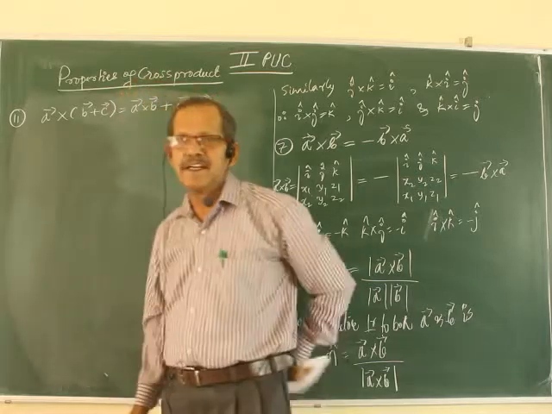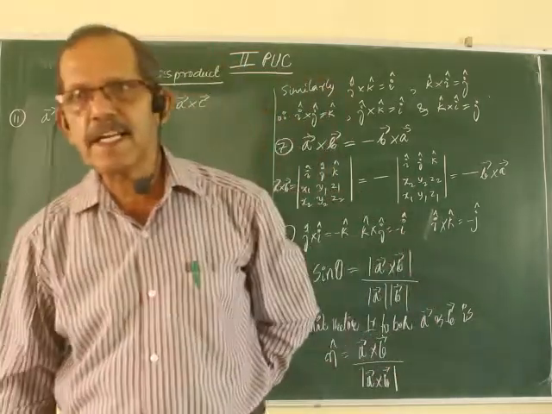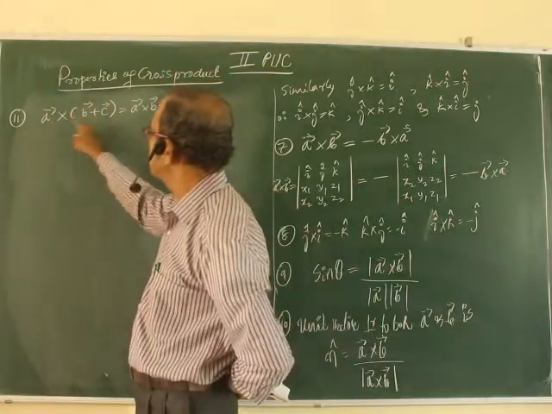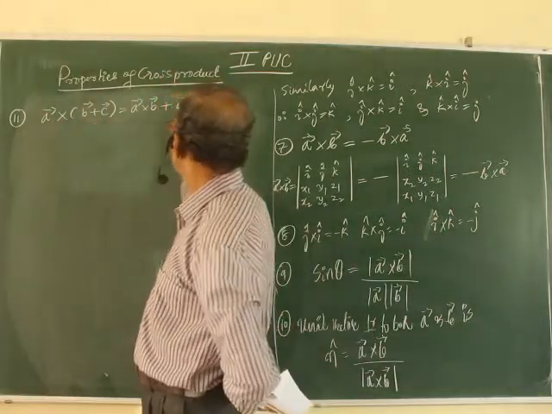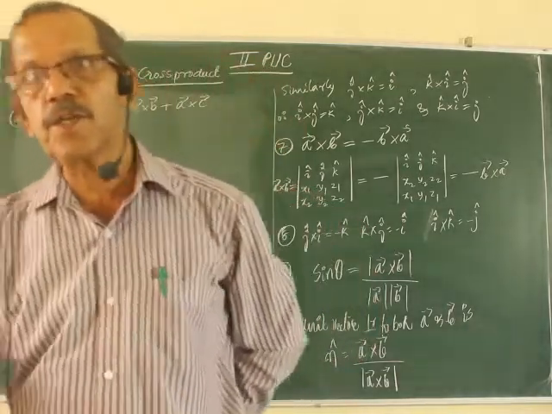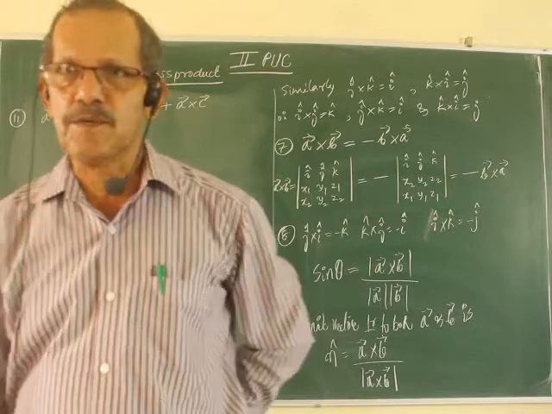Distributive property. Same thing we have written in scalar product. See, A dot (B plus C) is A dot B plus A dot C. Just similar to that. The distributive property holds good in vector product also.